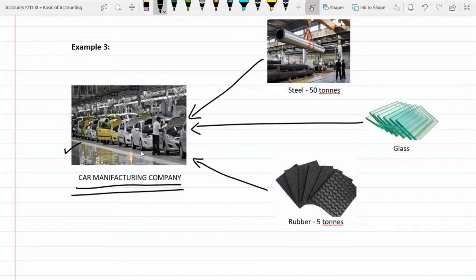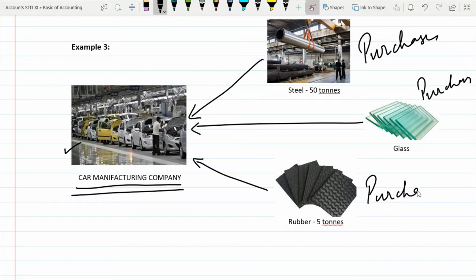Now, in this case, all of these are also termed as purchases. Why? Because all of these are going to be combined, and what will be sold is cars. Are you getting it? So we are not purchasing steel for the company itself to generate income.